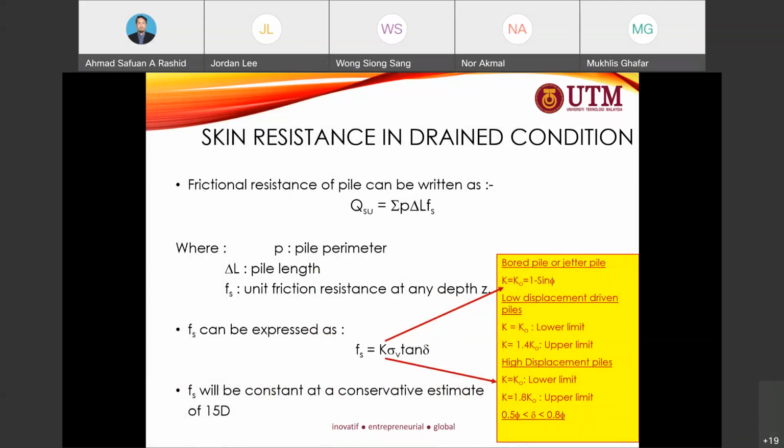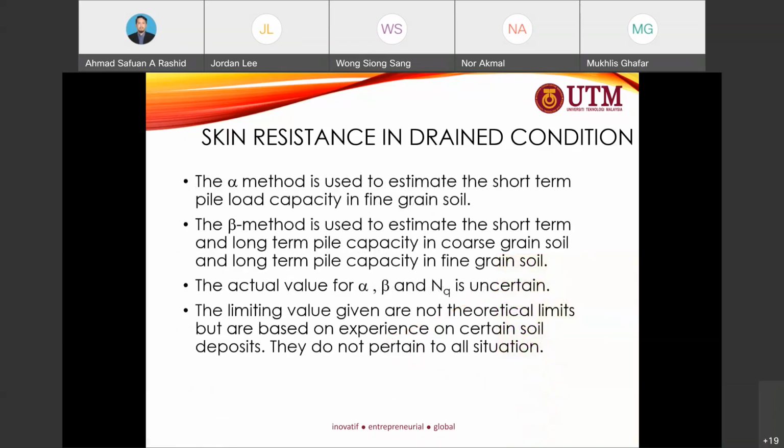Fs will be constant as a conservative estimate. So we need to limit it to 15D only. It also depends on the stiffness of the soil. Normally we use the average of 15D. The alpha method is used to estimate the short-term pile load capacity in fine grain.